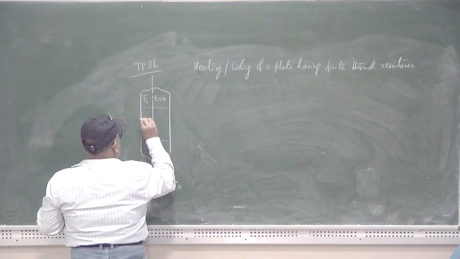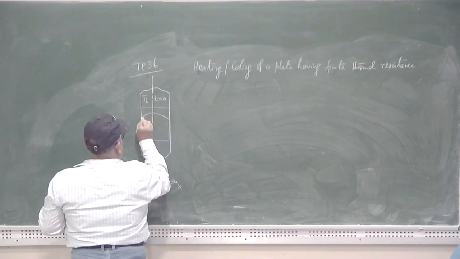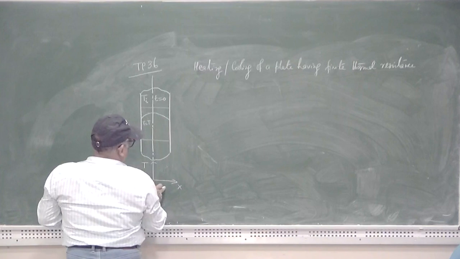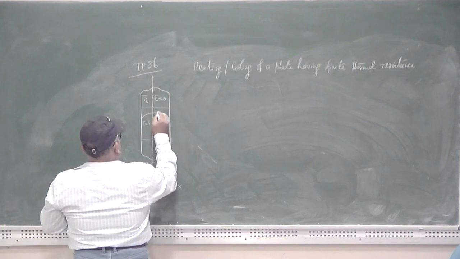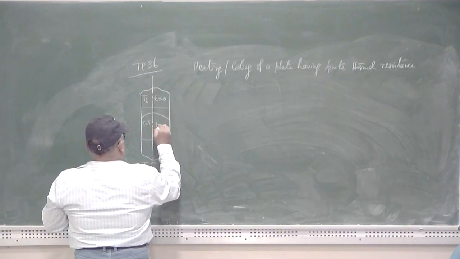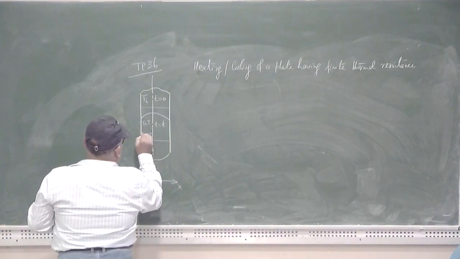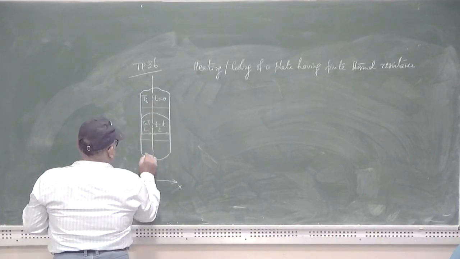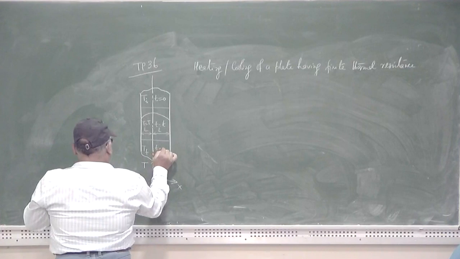It means a path is there for the heat flow, so that the tangent drawn at this point runs parallel to the x-axis. It means dT/dx should be equal to 0, and this is the position at time t equal to t. This is the 2L length, which can be bifurcated into two parts, L and L, because this is the center line, and here T is equal to Tf at time t equal to infinity.